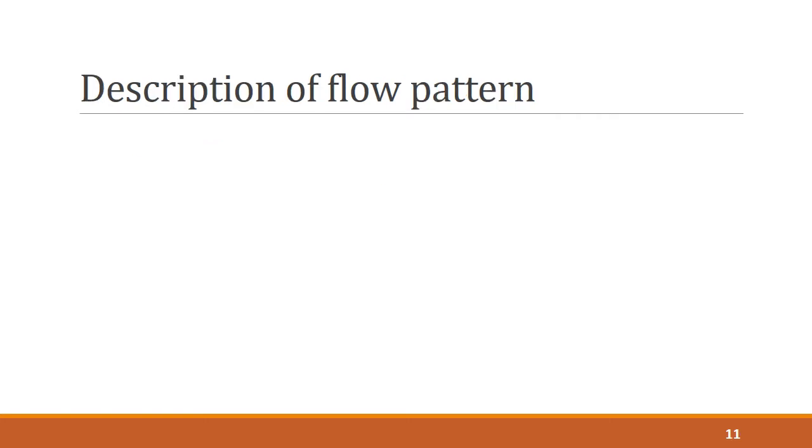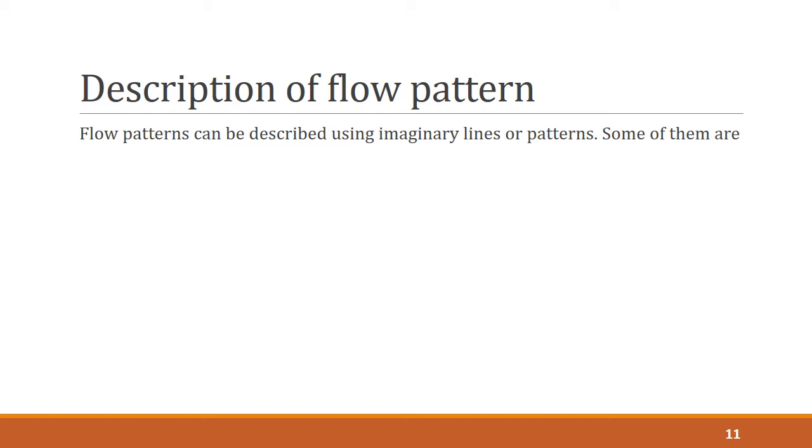Now, when we are considering the motion of the fluid, or the flow of the fluid, it's a very abstract phenomenon, and we need to use certain approximations in order to understand the motion of the fluid. And so we use that to draw flow patterns. Flow patterns can be described using imaginary lines or patterns. Some of them are streamline, stream tube, path line, and streak line.